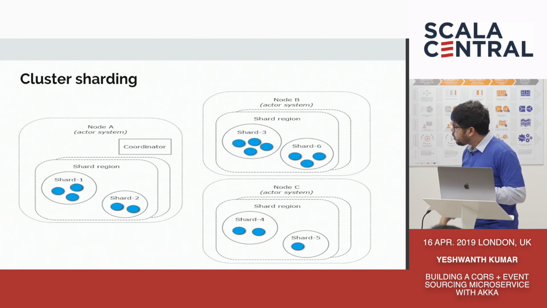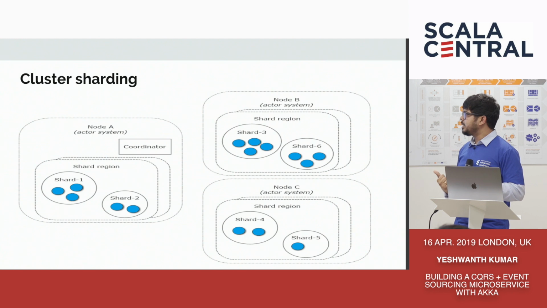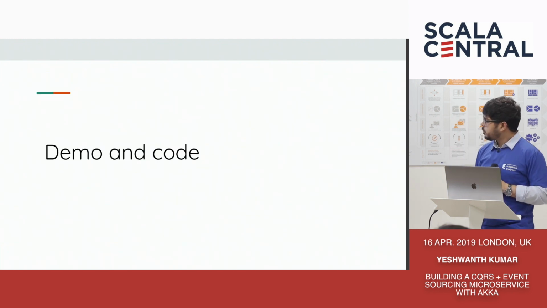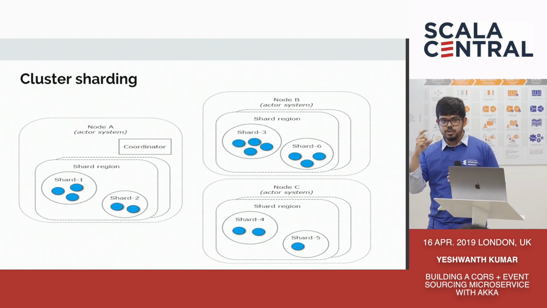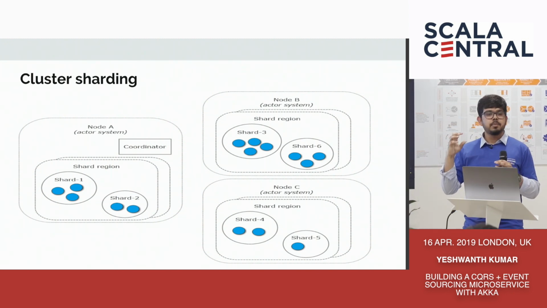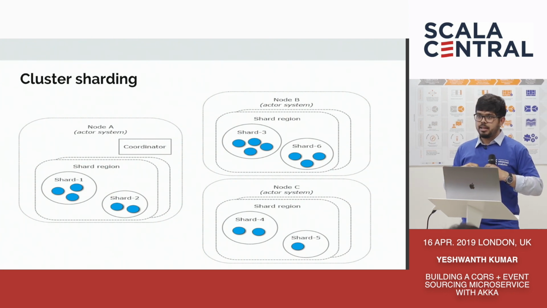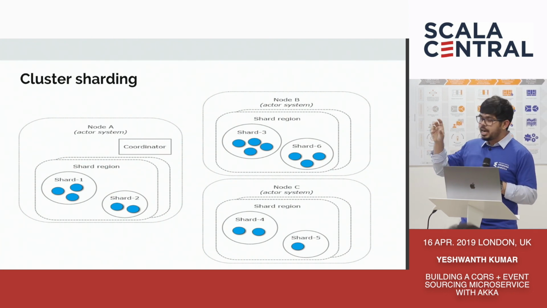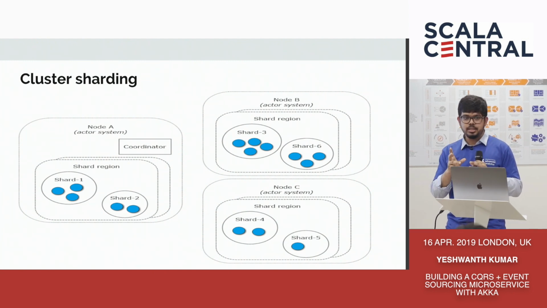I'm not going to go too detailed into how the shard region coordinators work internally, but the idea is that you set a configuration in your app. For each of your entities, you just say that this entity is part of this cluster, and that's it. You send a message to that region, which is an actor ref, saying a new entity or an existing entity.